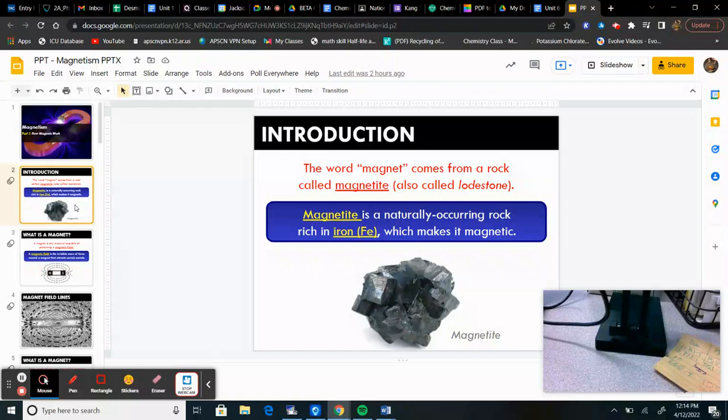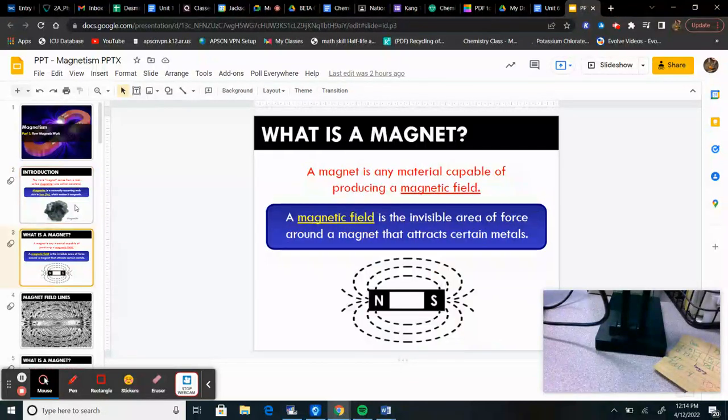So the word magnet comes from the actual rock that is called magnetite, or these are also called lodestones. Magnetites are naturally occurring rocks that have iron in them. So they do occur naturally within nature. And so we actually have a magnetic field that can be produced from having magnetic properties.